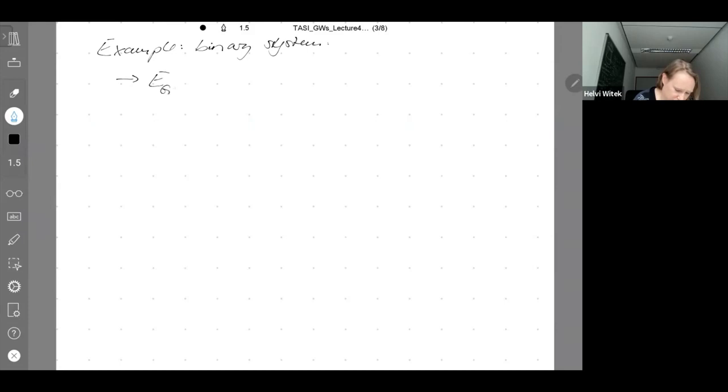So we can write the energy flux as minus 32 divided by 5, some coefficients, pi over 10 to the 3, they are not important, these are just coefficients. Then we have Newton's constant over the speed of light to the 5th.